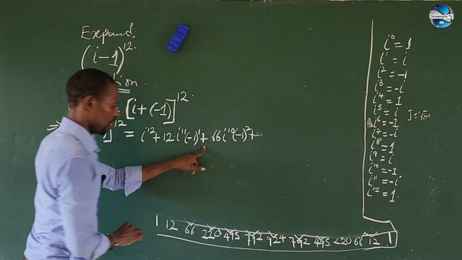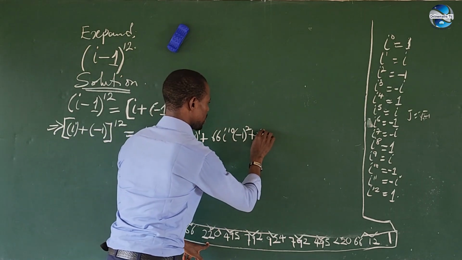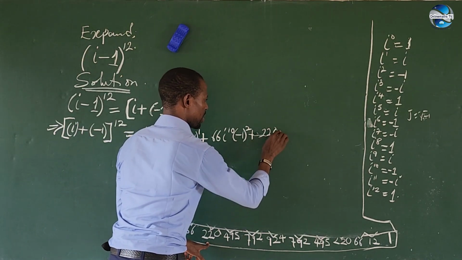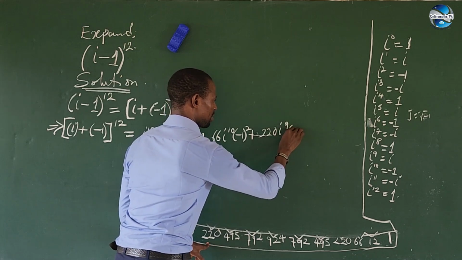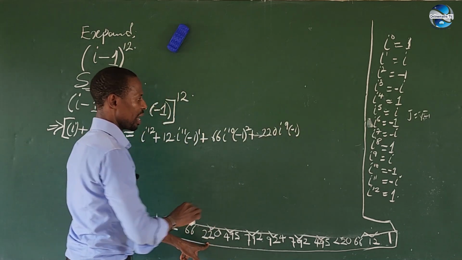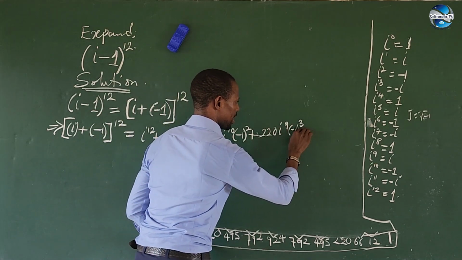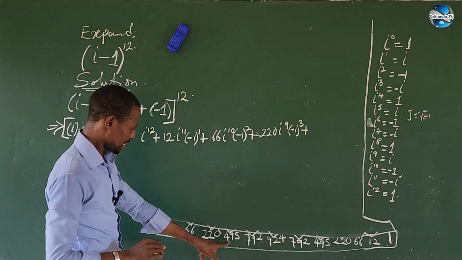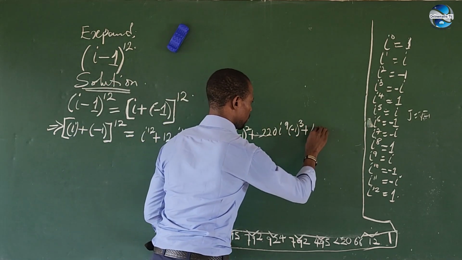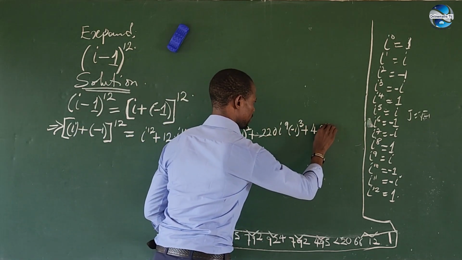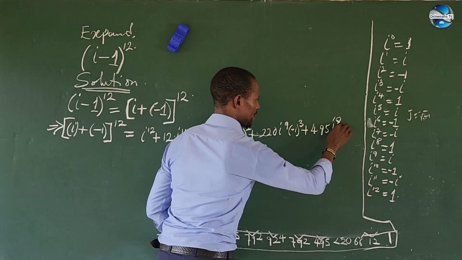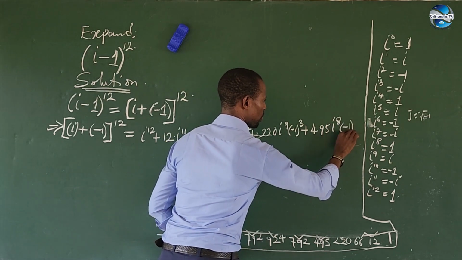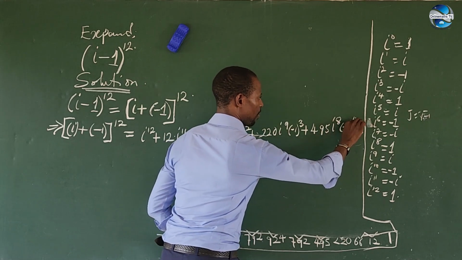Then again, plus, the next term is 220. Our iota will be to the power of 9, bracket minus 1 to the power of 3. Plus, the next term is 495 into our iota to the power of 8, bracket minus 1 to the power of 4.